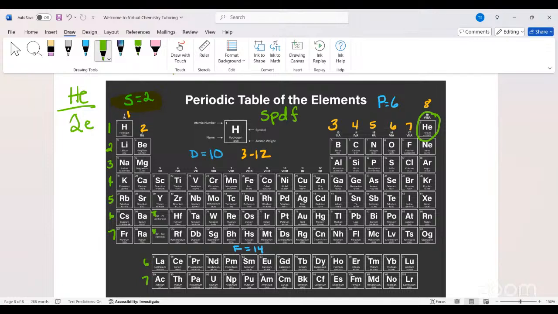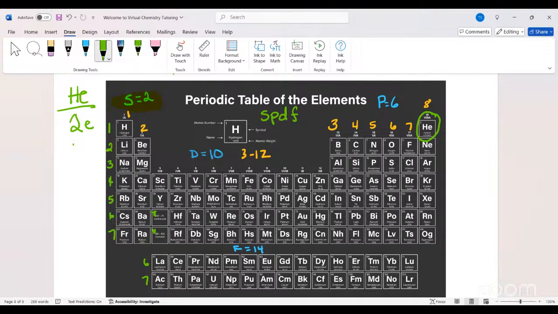From my eyes, I see it in the P block, but P's are only based on period 2 and above. So technically, even though it's on the P side, the only two elements that are in the S blocks are hydrogen and helium.